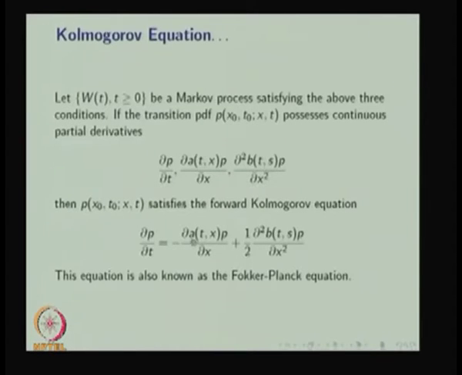So this is the diffusion equation. This is a PDE for the transition probability density function P, where a and b are defined earlier. And this equation is also known as the forward Kolmogorov equation and also the Fokker-Planck equation.